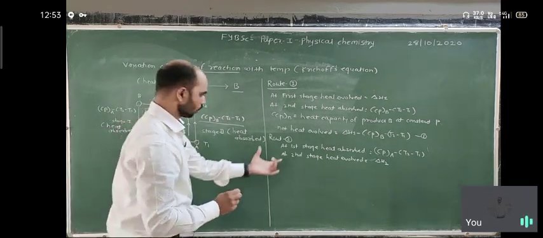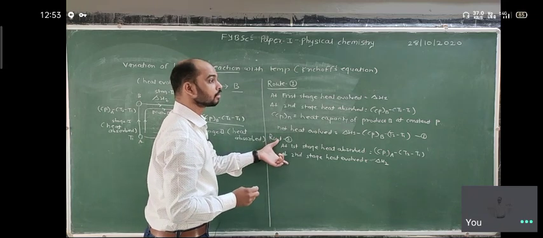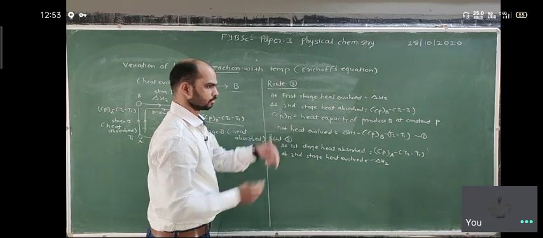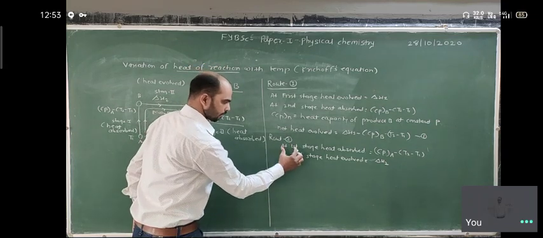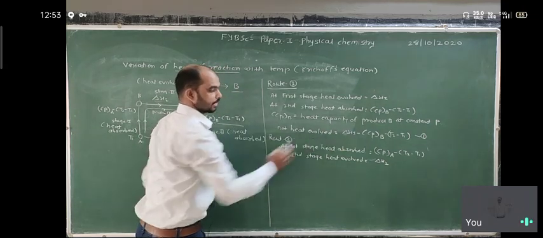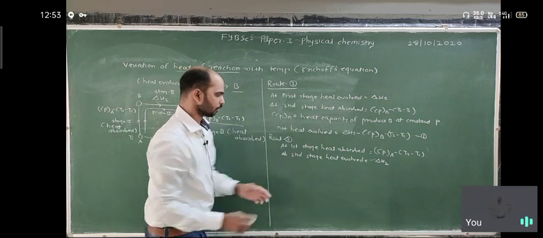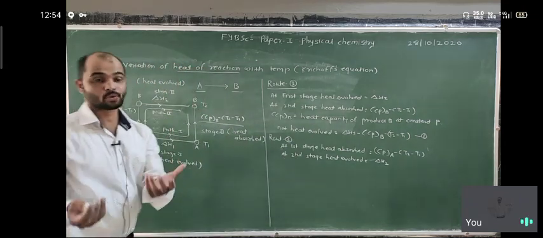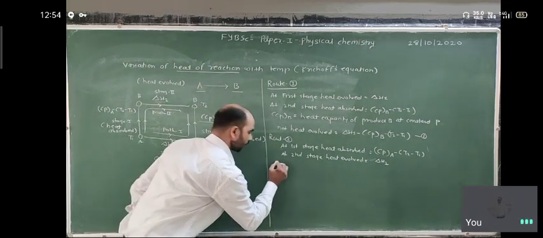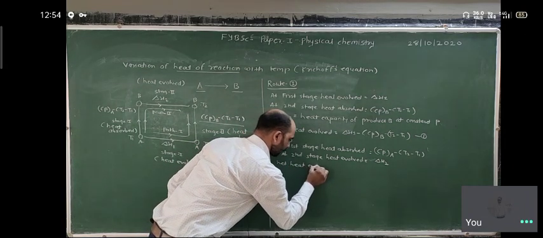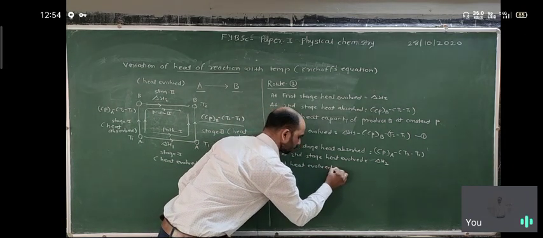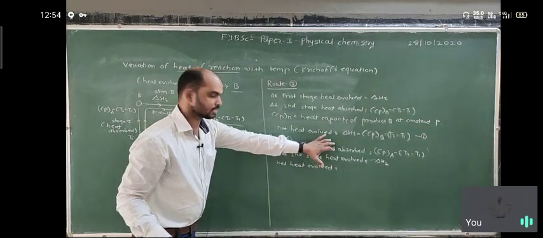Okay. So if we consider the first stage, this is the heat absorbed. At second stage, heat evolved. So what is the net heat evolved during this route second? Net heat evolved is equal to heat evolved minus heat absorbed.